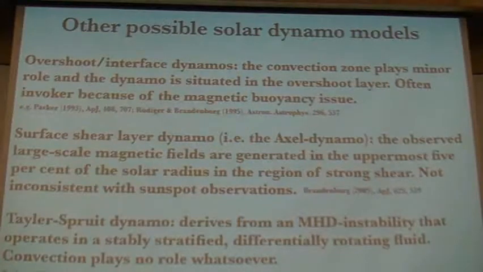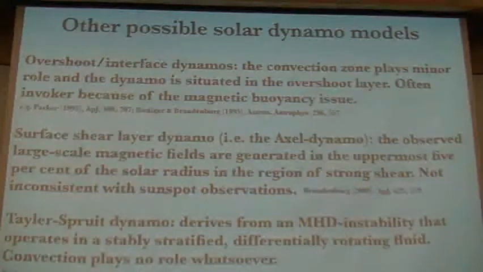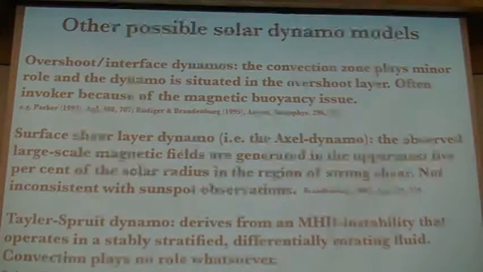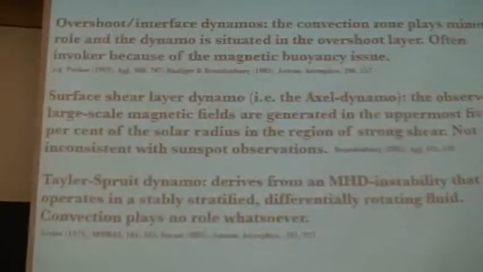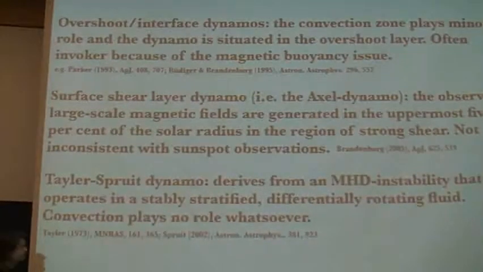There, convection plays absolutely no role whatsoever. But this is maybe not so widely believed to be the source of the solar dynamo, except maybe by Henk Spruit himself. And yeah, I think that's all about solar dynamos.